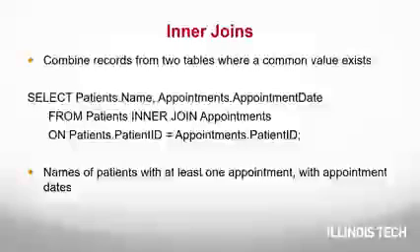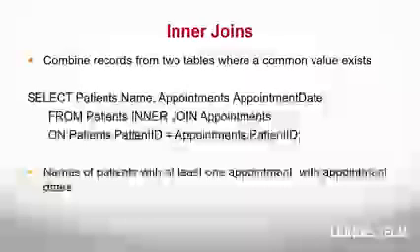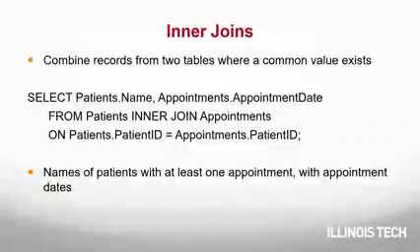So as an example, suppose we're looking at a database for a healthcare application. We have patients and we have appointments for those patients. So we want to find, give me all of the appointments for each patient. So what we do is we say select patient's name and appointment date.